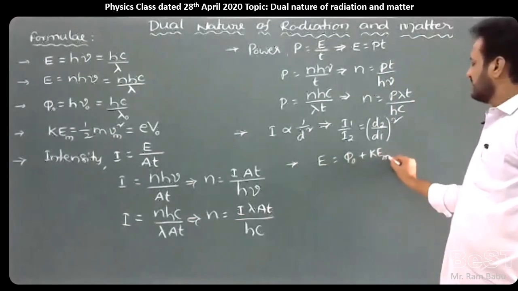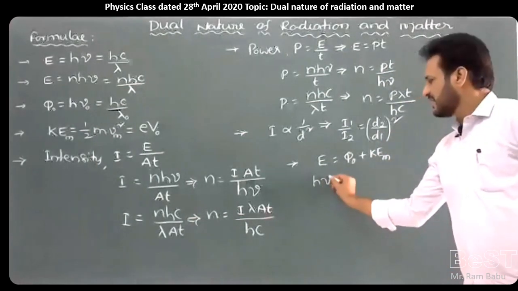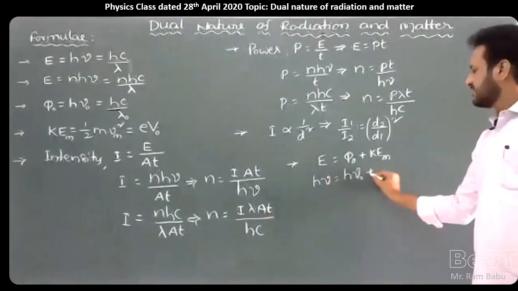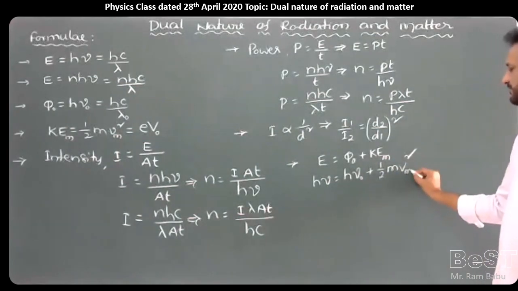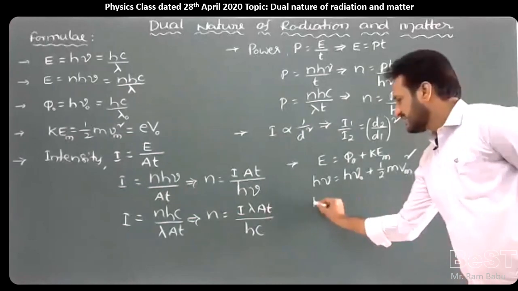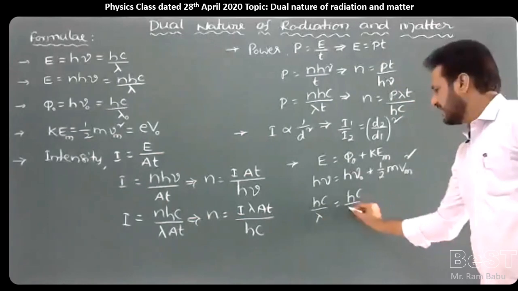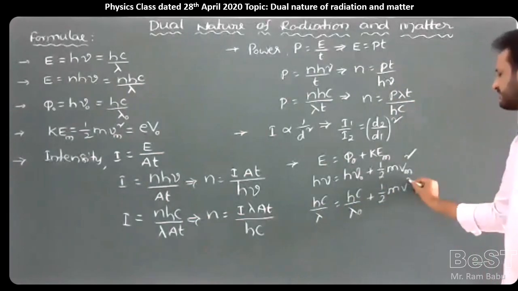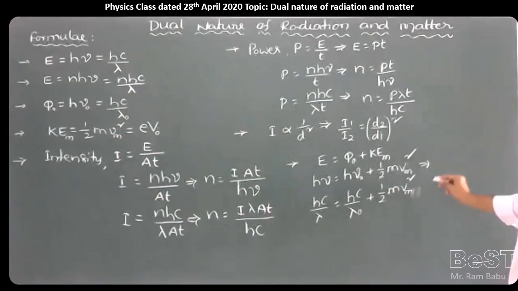E is equal to phi naught plus K maximum, or h nu is equal to h nu naught plus half m v square, or hc by lambda is equal to hc by lambda naught plus half m v square.